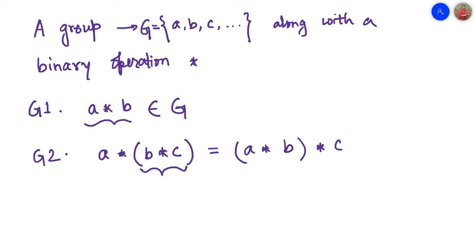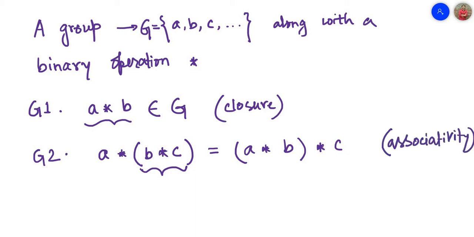So the first axiom, we call it the closure axiom, and the second one, we call it associativity of the binary operation.